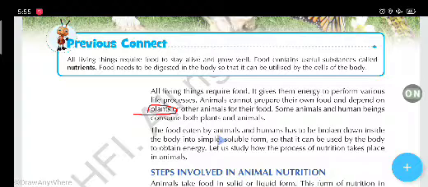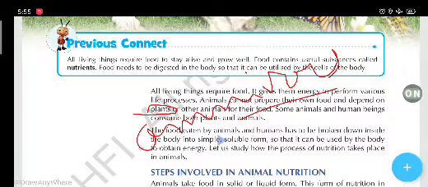Some animals and human beings consume both plants and animals. So what are they called? They are called omnivorous.